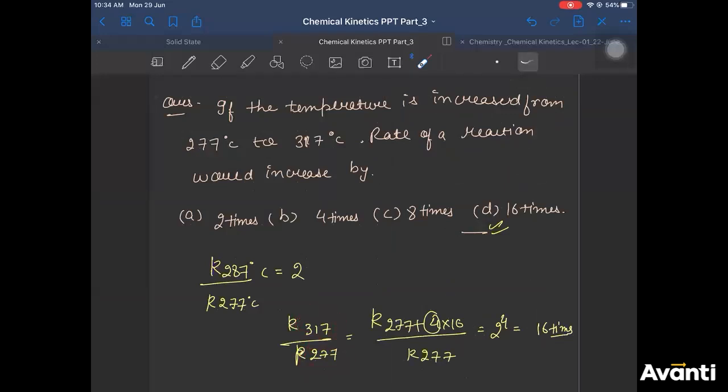I can write 317 as 277 plus 10 into 4. So how much multiple of 10 have I increased it with? 4. So my rate will become 2 to the power 4, that is 16 times. Right?